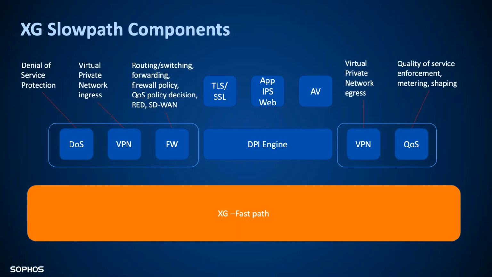Now, the primary firewall logic occurs in this SFOS kernel, which is the kernel space. And this logic determines how to forward each and every packet here and how to apply the firewall policy, and also performs the ingress decapsulation and egress encapsulation for IPsec VPNs, and also checks the denial of service and the quality of service as well.